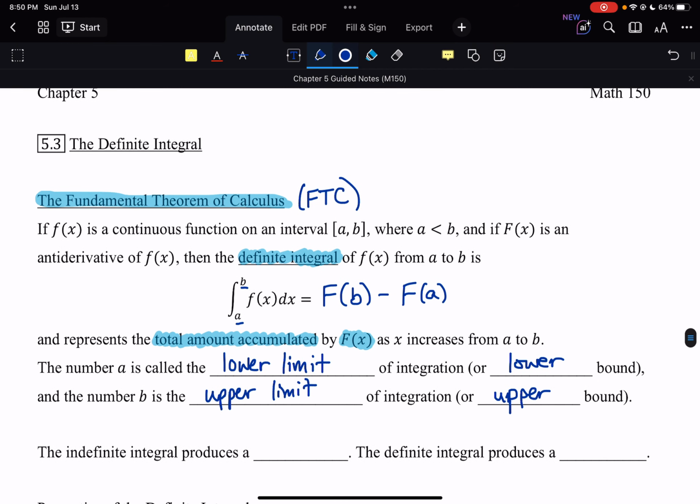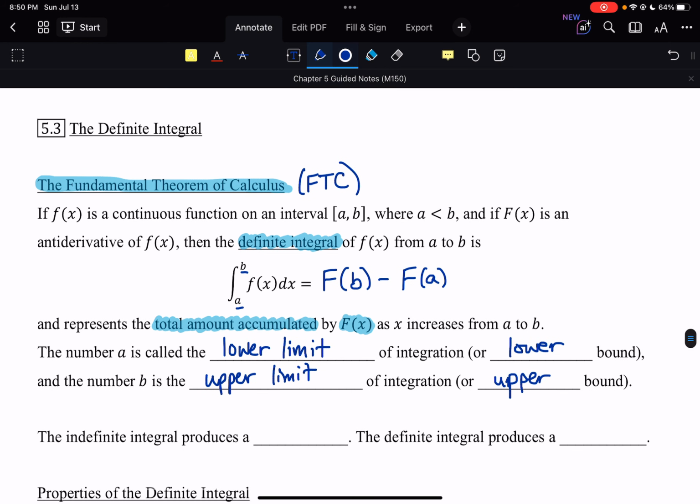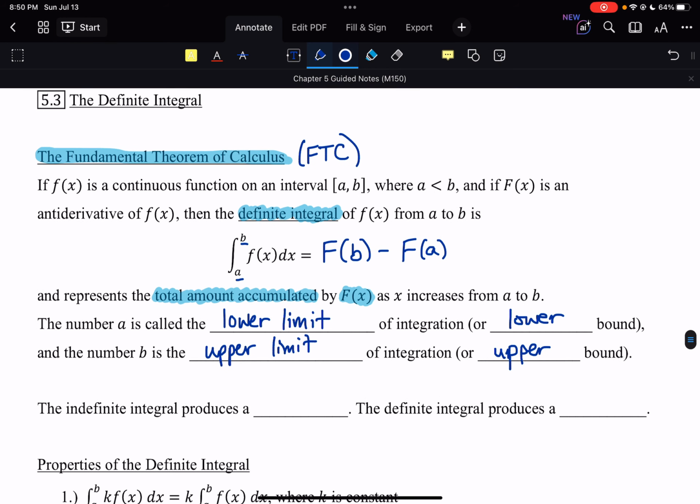There's an important distinction between the indefinite integral that we've been using and the definite integral that we're going to try using going forward. The indefinite integral produces a function, or really a family of functions, but the type of object it produces is a function. The definite integral produces a number. This is a key difference between the two.